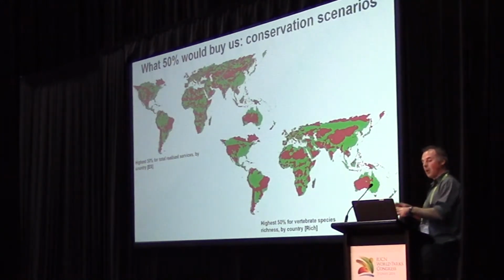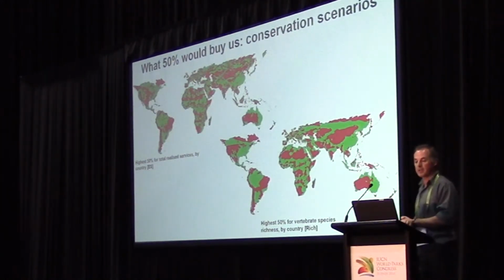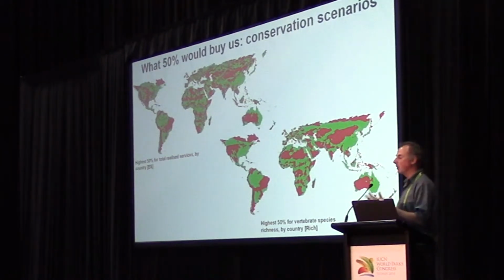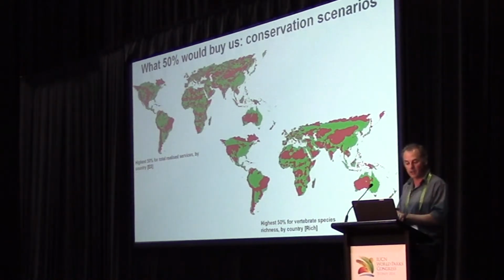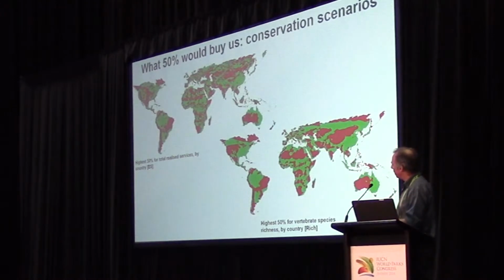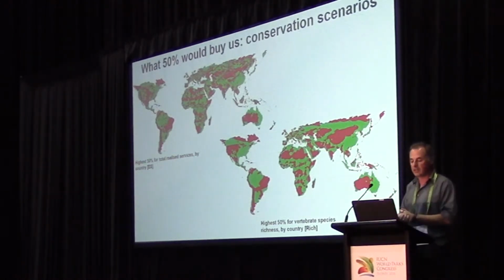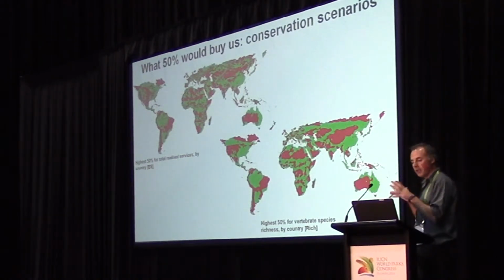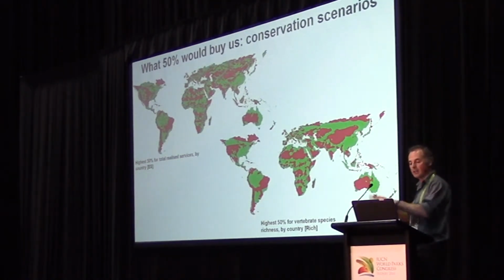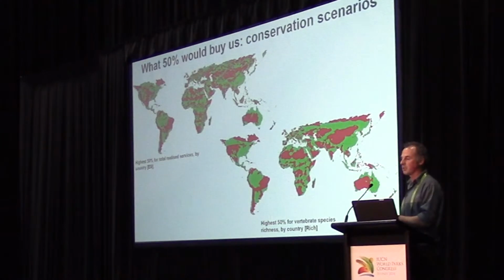So let's think, what would 50% buy us? Well, the answer depends where we put that 50%. And we can visualize a whole series of future scenarios at 50%. So the top left here is a diagram which says, okay, where would protected areas be if we focus them on the 50% of land in each country that produces the most ecosystem services.